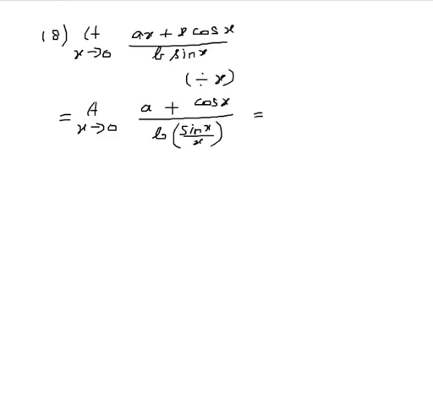Now let us apply the limit for each and every term. Limit of a constant is the same, plus cos 0, which is 1, divided by b times limit x tending to 0 of sin x by x is 1. Let us write the formula.